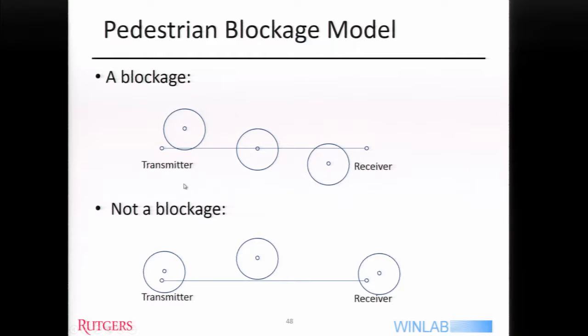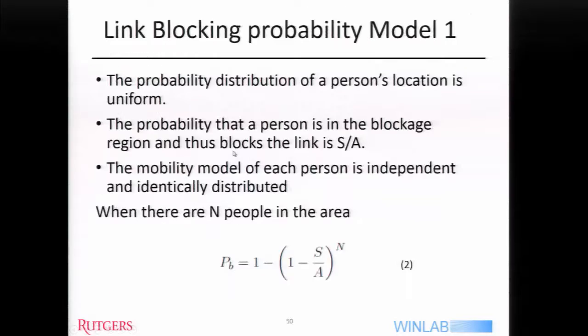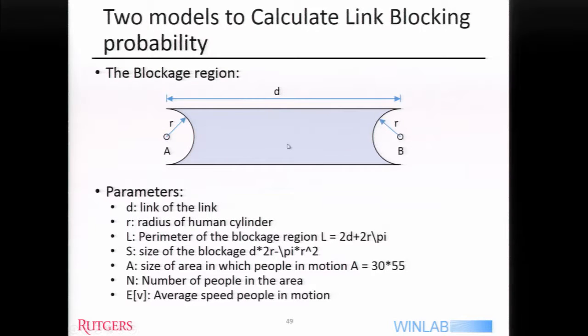We find it interesting that if a person is in this region, we call it the blockage region. This is the transmitter and this is the receiver, and this is the radius of the human body. If the center of the person is in this shaded area, the link will be blocked.